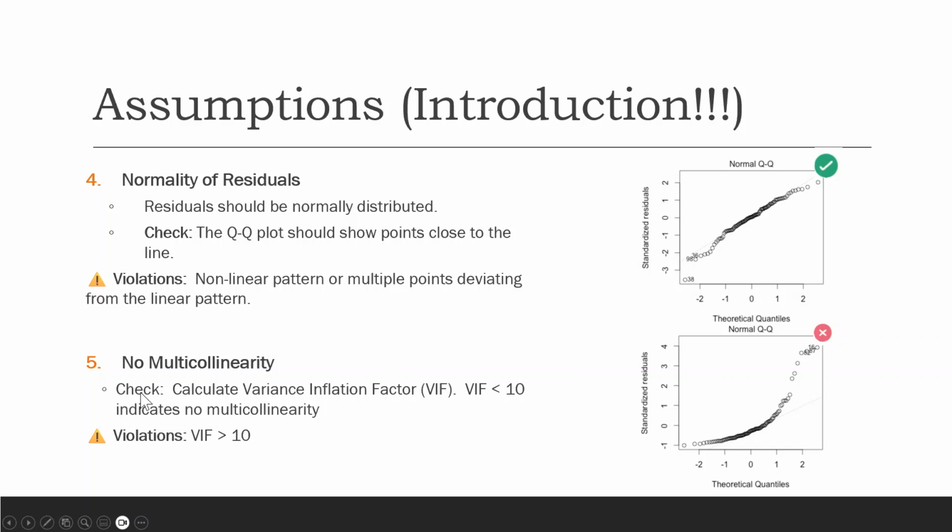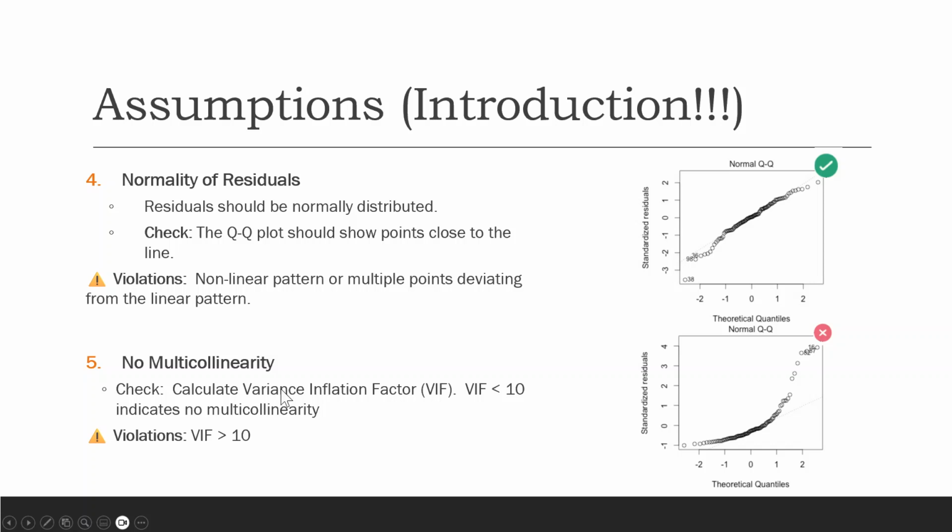So we can check this multiple ways. This semester in this course, we're going to check it one way by calculating the variance inflation factor, or the VIF. It is a calculation based off of how much the variances are inflated. And this assumption is satisfied as long as that VIF is less than 10.